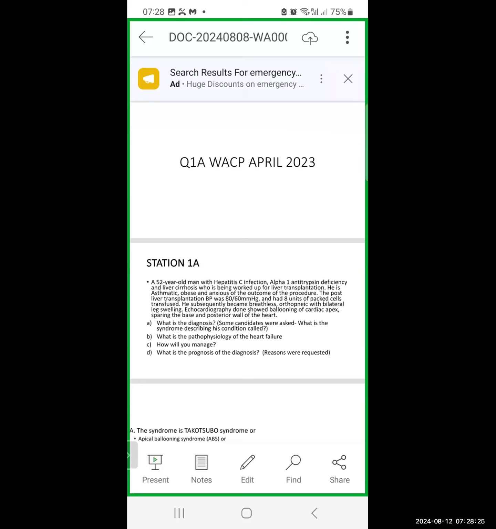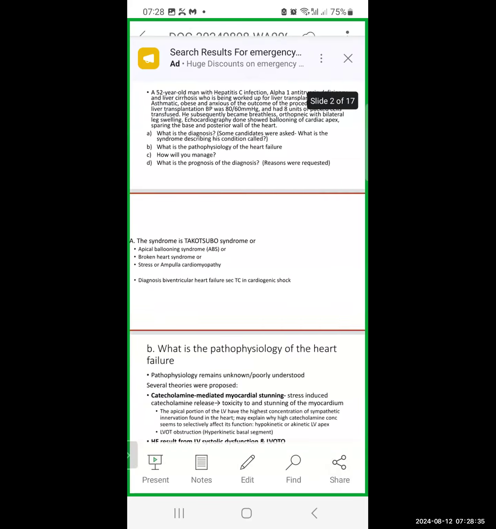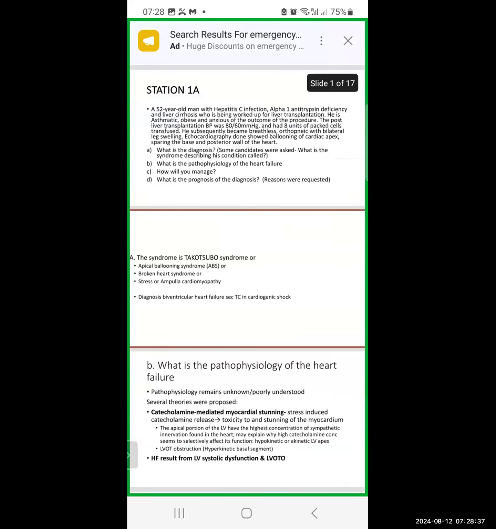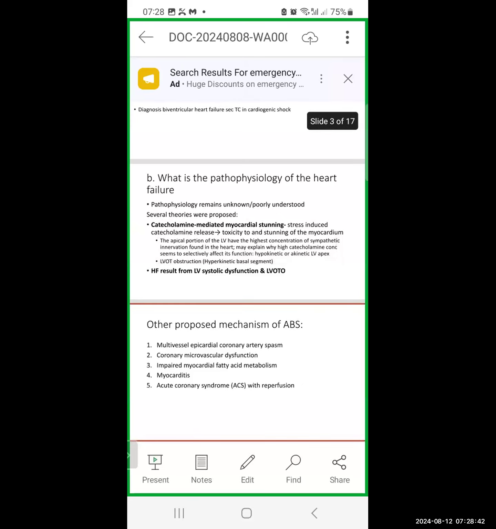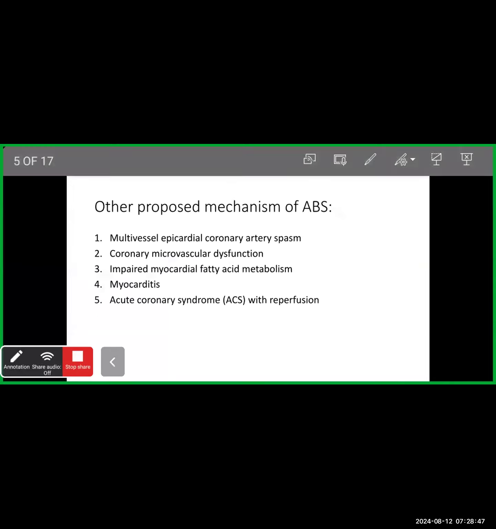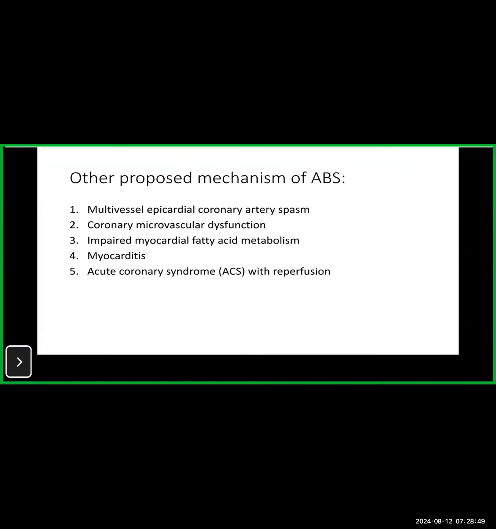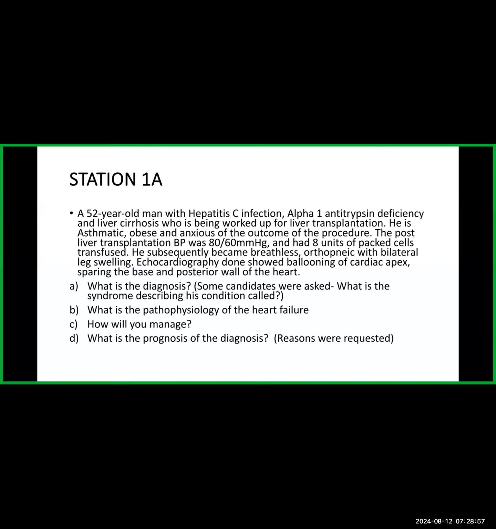Okay, can you put it on slideshow? How do I do that? Is it possible? Okay, that's good. Please go to the next slide. Okay, leave it here. All right.